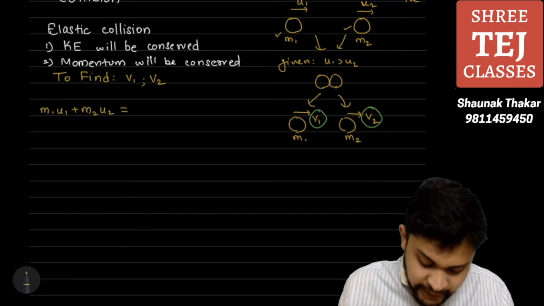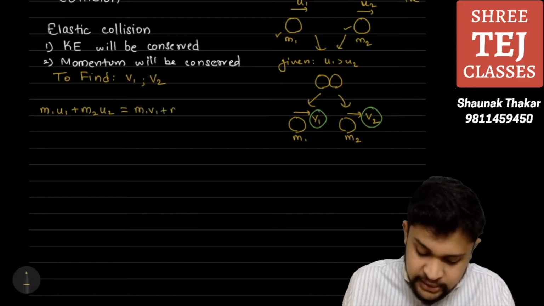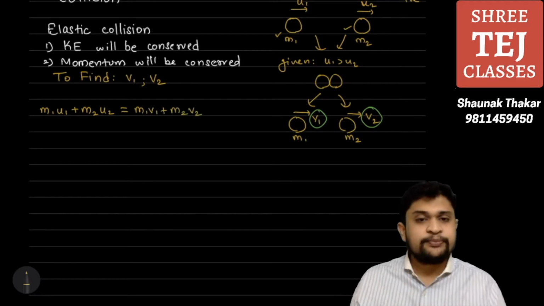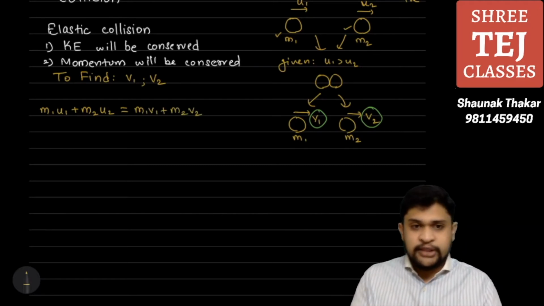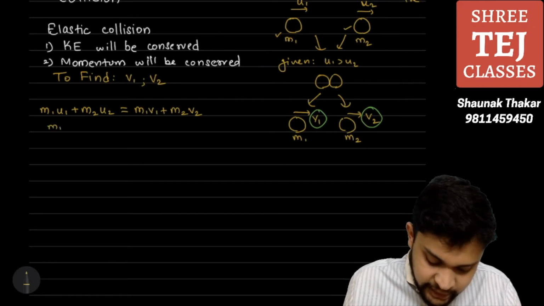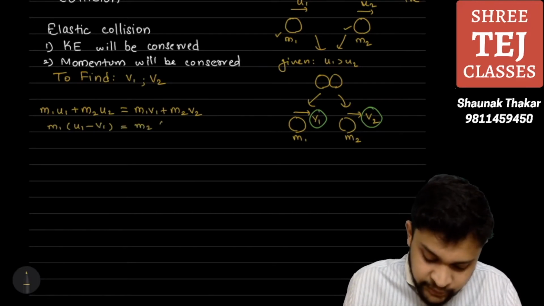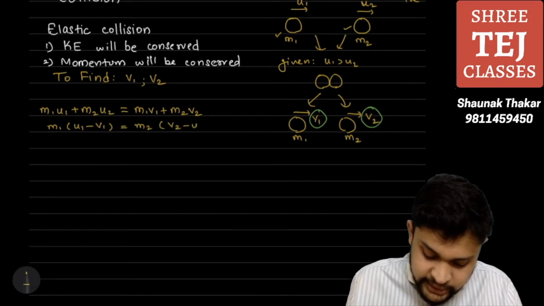That will be m1 v1 plus m2 v2. We will just rearrange this a bit.